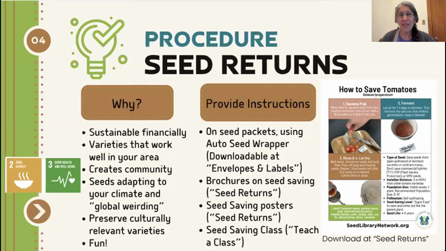And then another approach to this whole seed saving piece and getting people interested in returning seeds is the seed saving class on our Teach a Class page. It's really a choose your own adventure. Are you trying to preserve heirlooms of the past? This is a book from Carol Deppe. It's called Breed Your Own Vegetables.